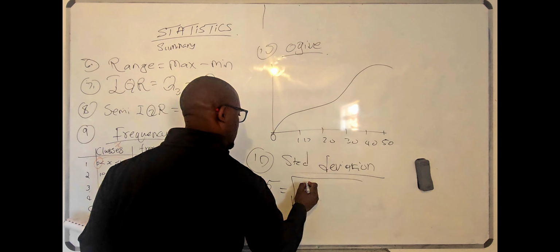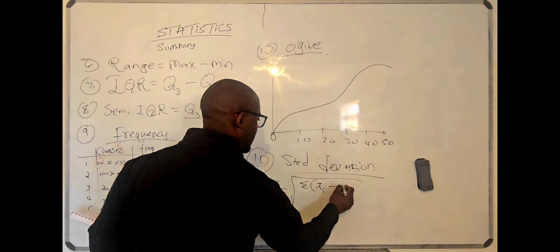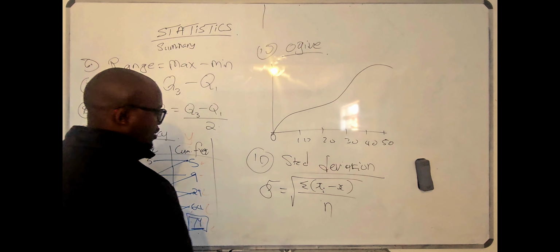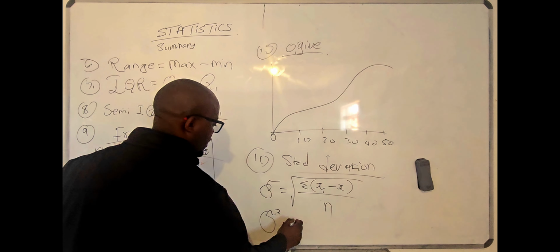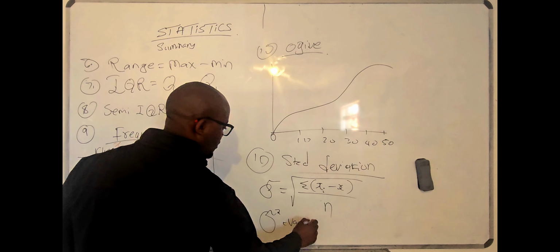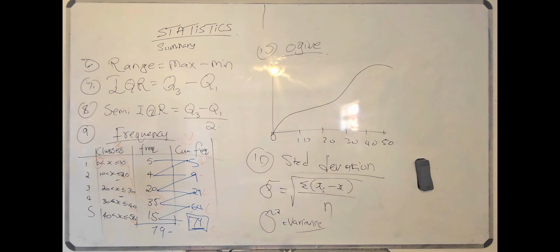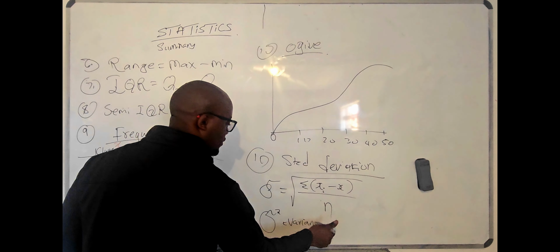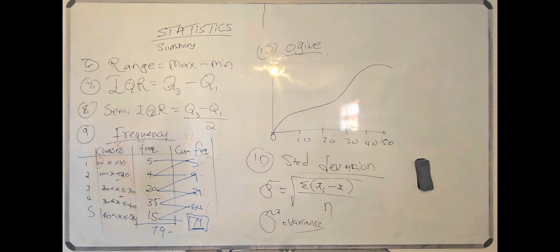Standard deviation is the square root of the sum of the data minus x̄, all over n. And then the one that is not square rooted is the variance. They might ask you for the variance. If they ask us for variance, we know variance is just standard deviation squared.